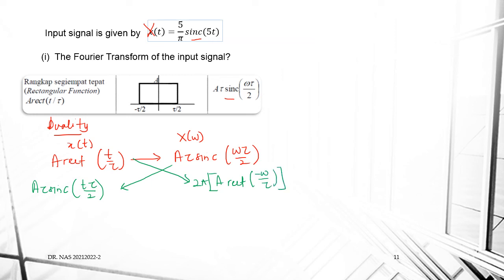Now compare the given equation with yours. Your x(t) equals 5 over pi sinc(5t). It will produce something like this, but you need to identify what your A and tau are. From here, A tau equals 5 over pi and tau over 2 equals 5.